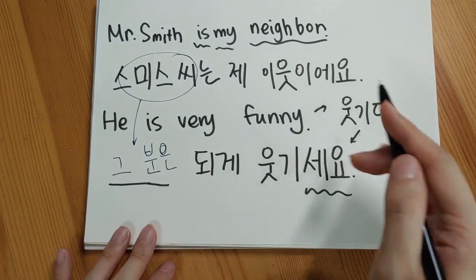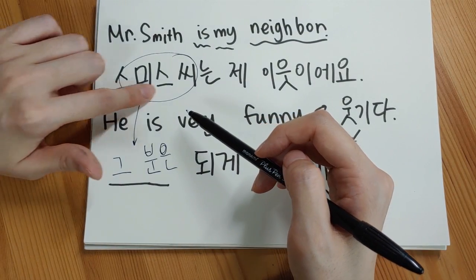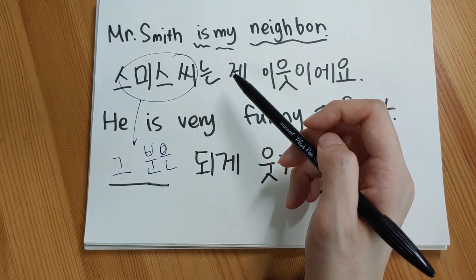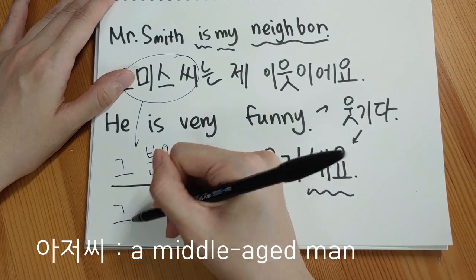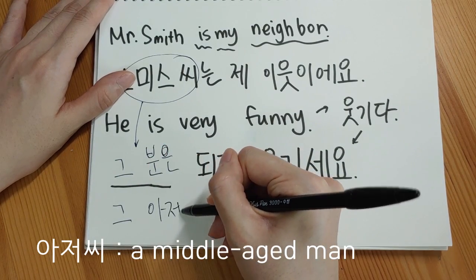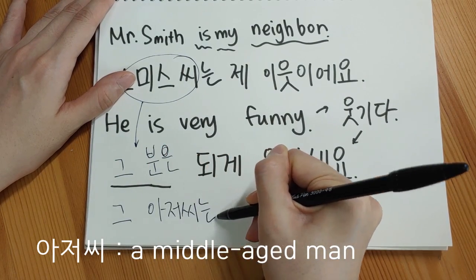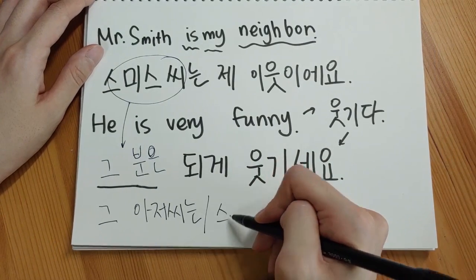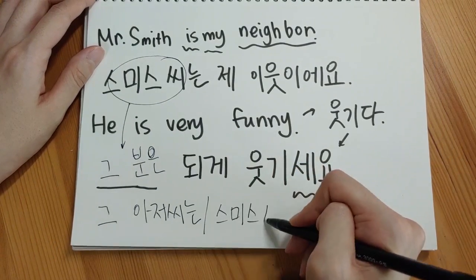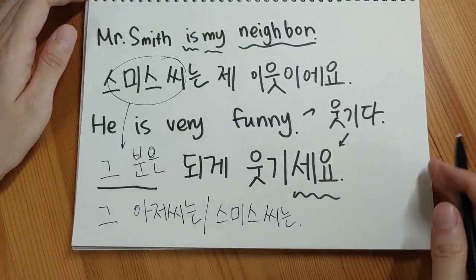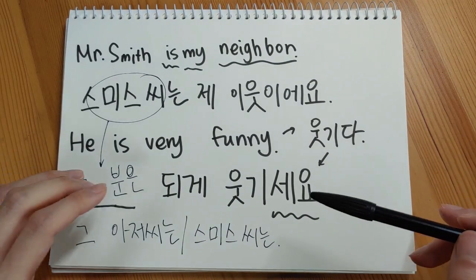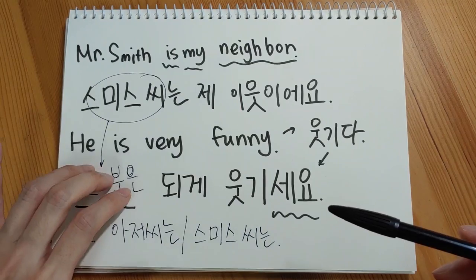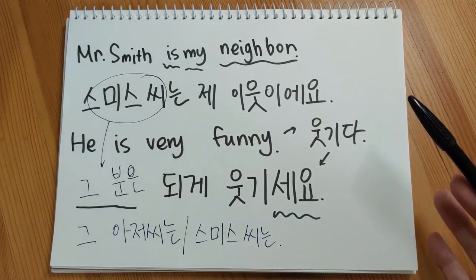Or what you can also do is if Mr. Smith is in his middle age, you can call him 그 아저씨는 되게 웃기세요. And you can also say his full name, 스미스 씨는 되게 웃기세요. So once again, you can be very flexible with what pronouns you're using depending on who you're talking about, right?